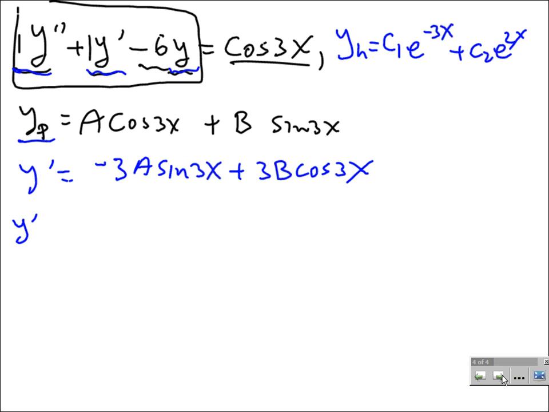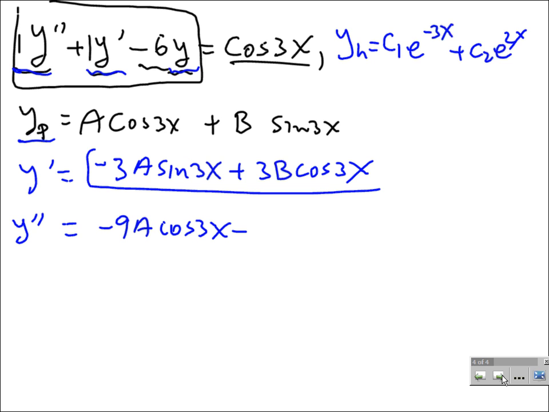And the second derivative would be negative 9a cosine of 3x minus 9b sine of 3x.